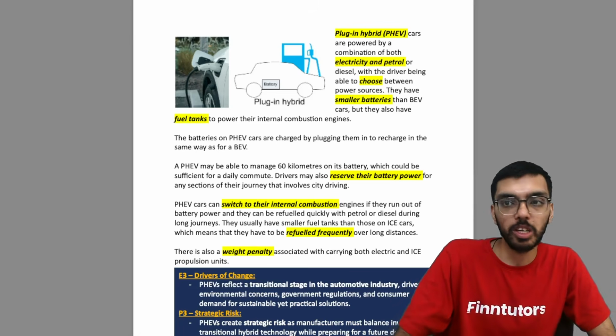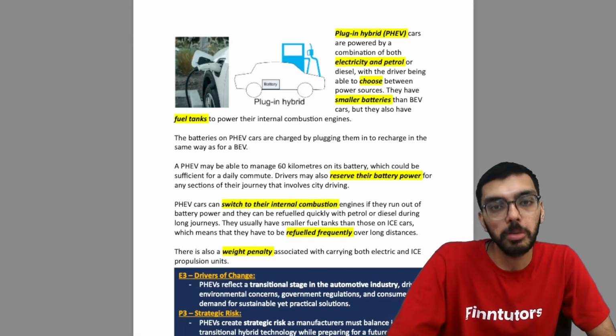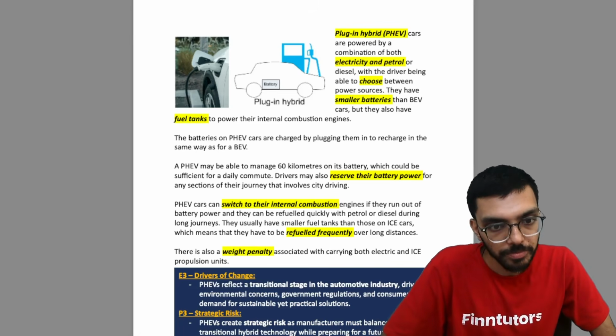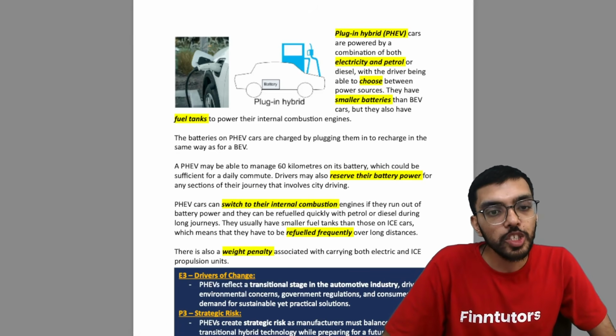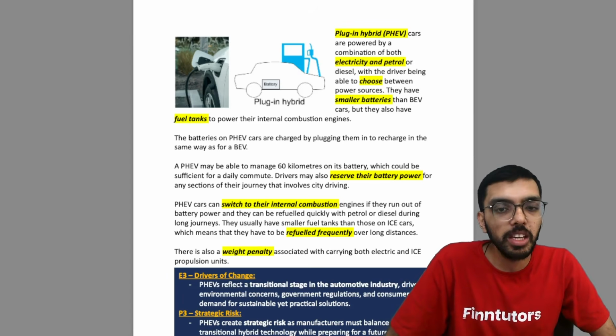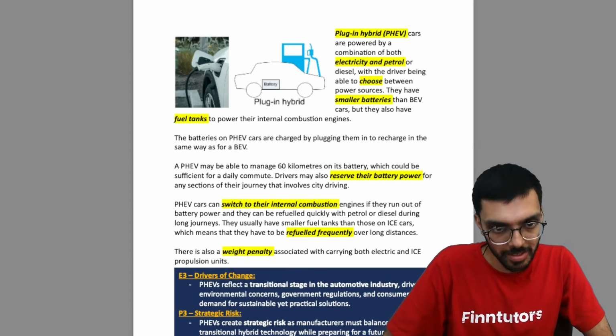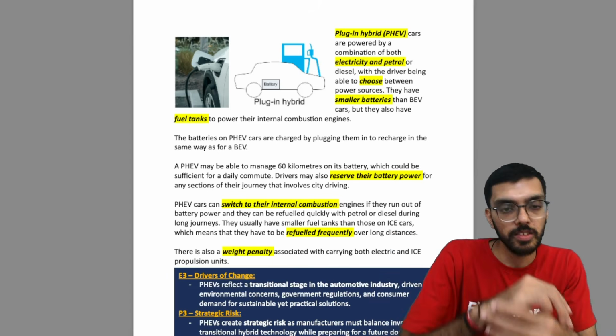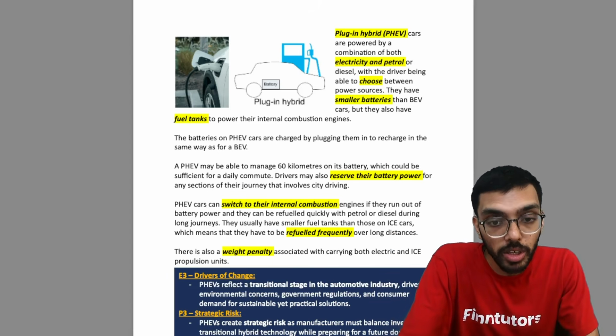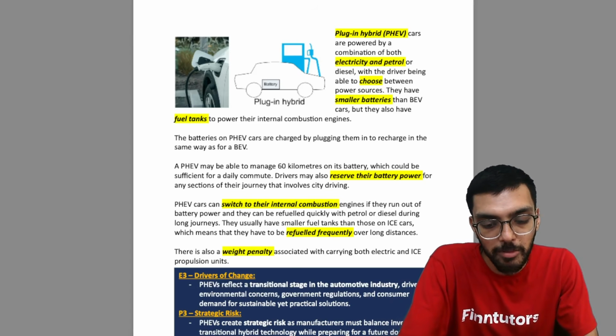You can choose whether you want to be on electric, whether you want to be on gas. PHEV cars can switch to their internal combustion engines if they run out of battery, and they can be refueled quickly. They usually have smaller fuel tanks than your standard ICE cars, which means they will have to be refueled frequently, but obviously they have the best of both worlds.